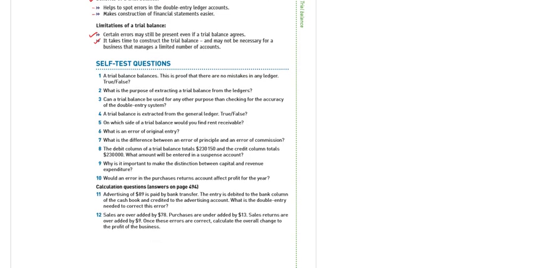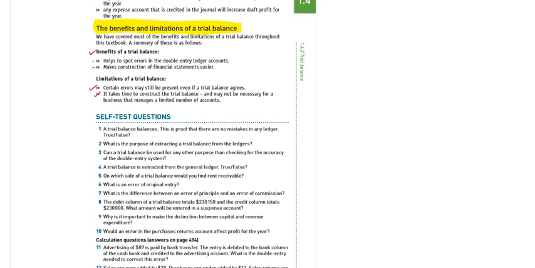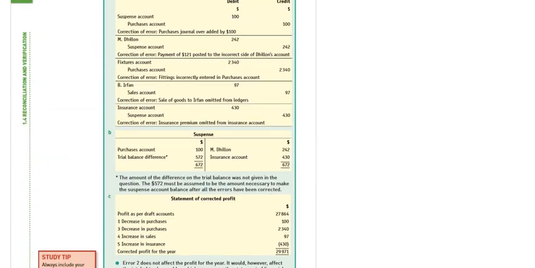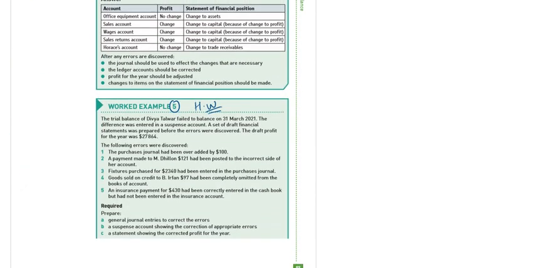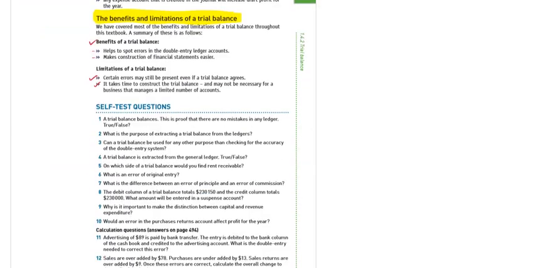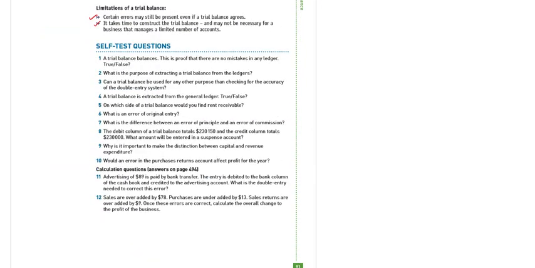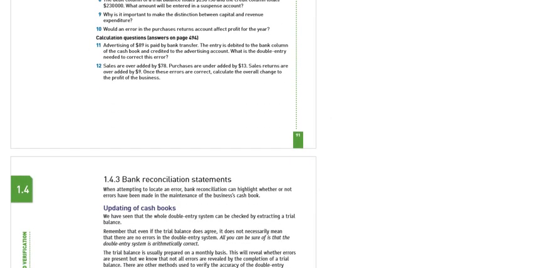Okay. So now in this class, I have already given you a lot of homework in the shape of worked examples. So there is no homework related to self-test questions, but in the next class, I will give you the self-test questions as homework. If you are unable to solve any question, then that question I will solve for you. Okay.